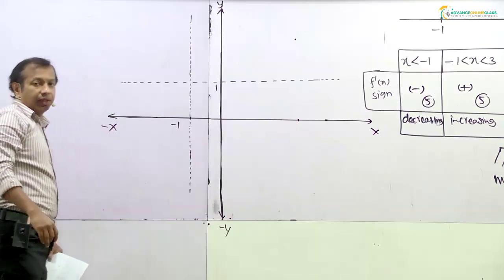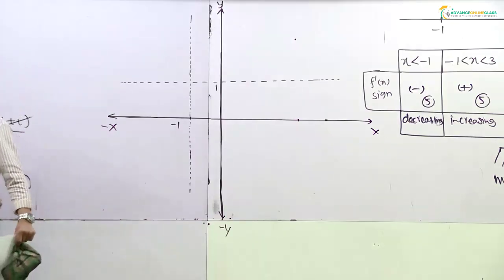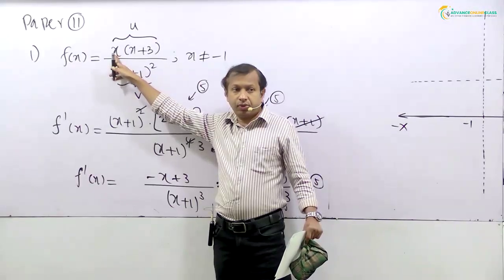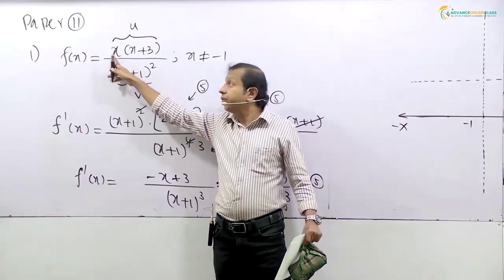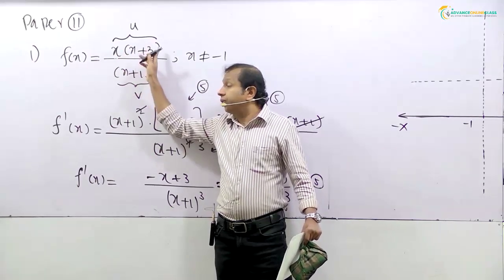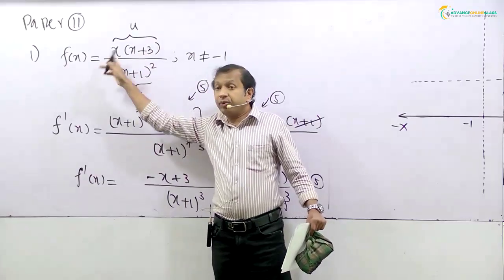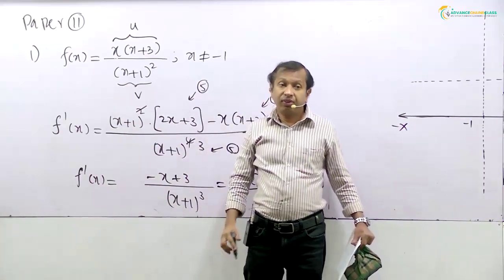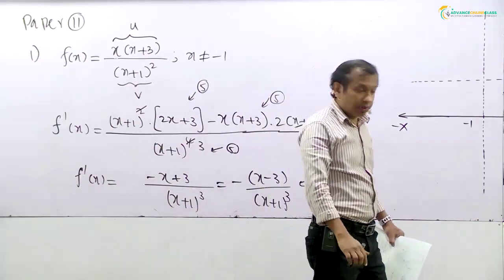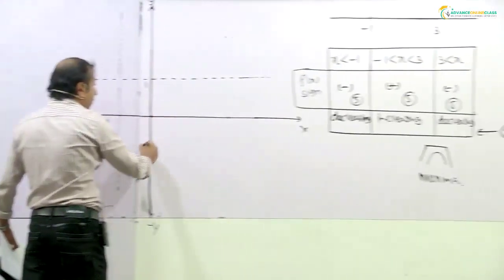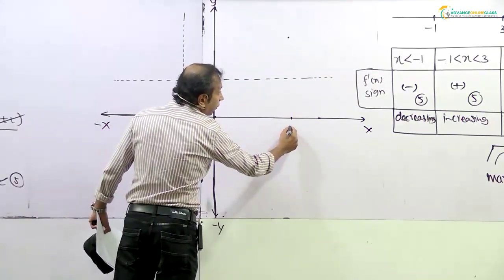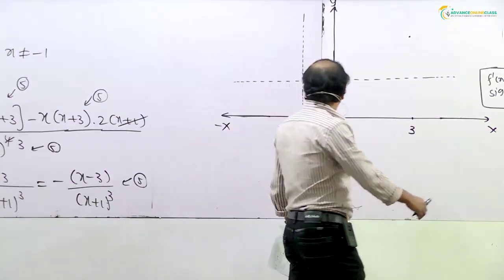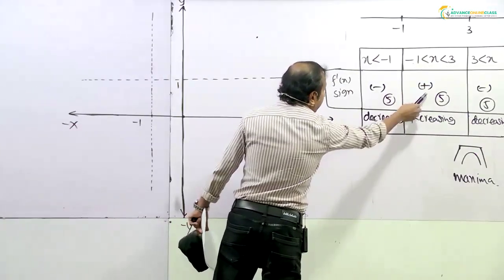People, you can very clearly see in the f x, y, when you put x as 0, the right hand side is 0. f x becomes 0. f x means y. When x is 0, y is 0. What do you mean by this? Graph passes through the 0, 0 point. Here. Here we have 3. In between minus 1 and 3, gradient positive.